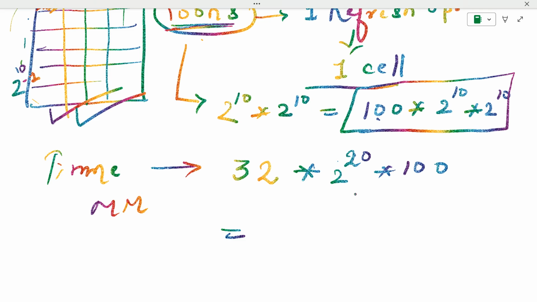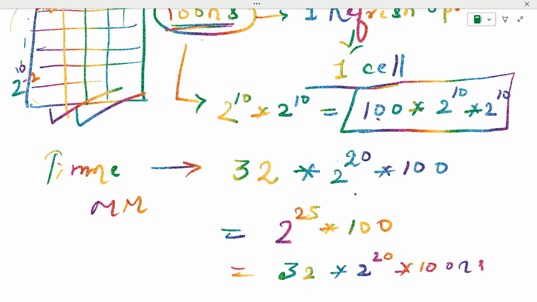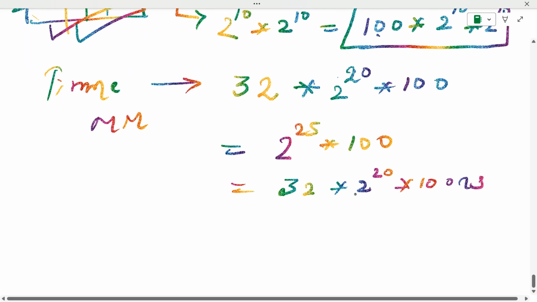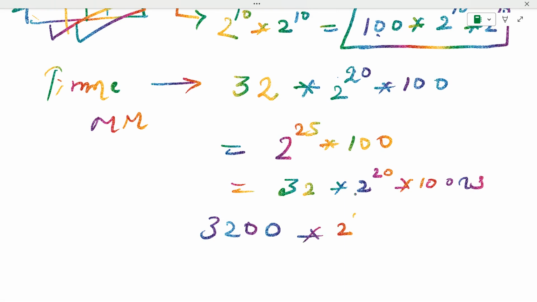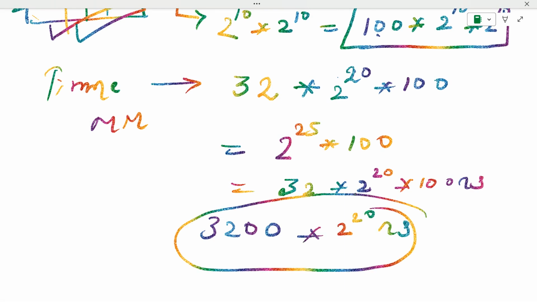So the entire memory will require 2 to the power 5 into 2 to the power 20 into 100 nanosecond, that is equal to 32 into 2 to the power 20 into 100 nanosecond. Okay, so we can convert it to 3200 into 2 raised to the power 20 nanoseconds. So this will be the answer for our question.